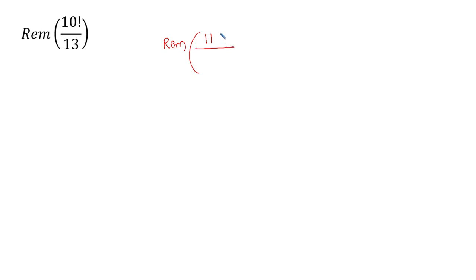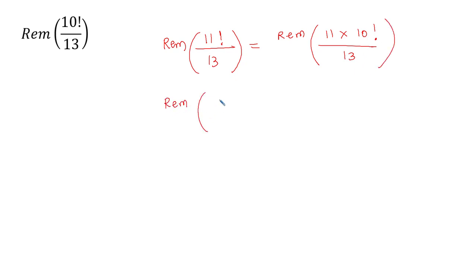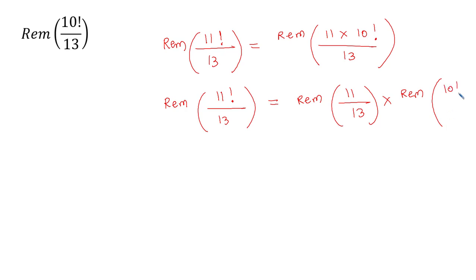We can write it as the remainder of 11 into 10 factorial divided by 13. So the remainder of 11 factorial divided by 13 is equal to the remainder of 11 divided by 13, into the remainder of 10 factorial divided by 13.